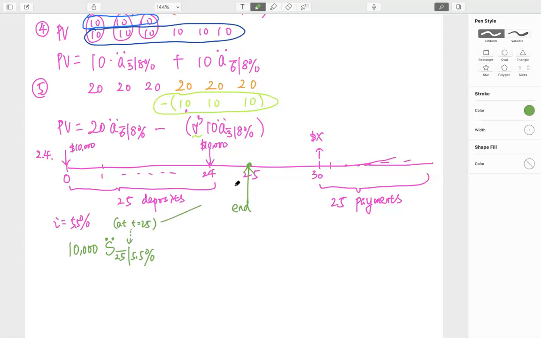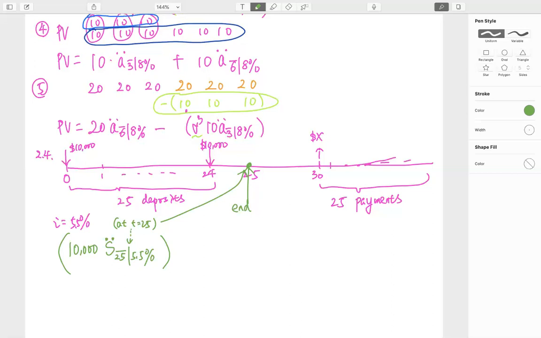Okay, so which means it's here. So this is the accumulated value of Sandy's account at time 25 years. At the end of 25 years, she will have this amount sitting in her account.